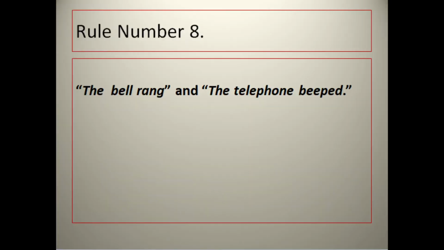In the sentence, the bell rang and the telephone beeped, the independent clause, the bell rang, is connected to the independent clause, the telephone beeped, by the conjunction and. Both the bell rang and the telephone beeped are complete sentences.